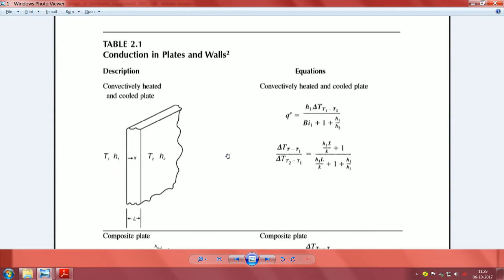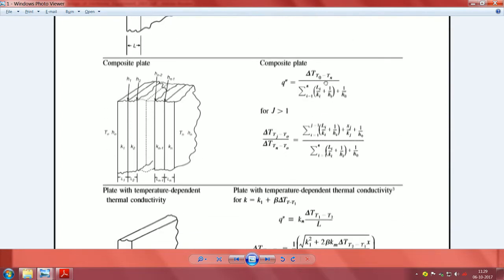The rate of heat, and how heat takes place, is already available in either textbooks or industry manuals.